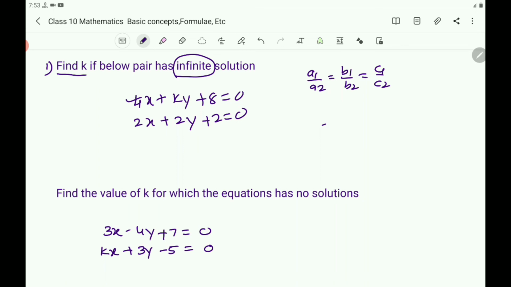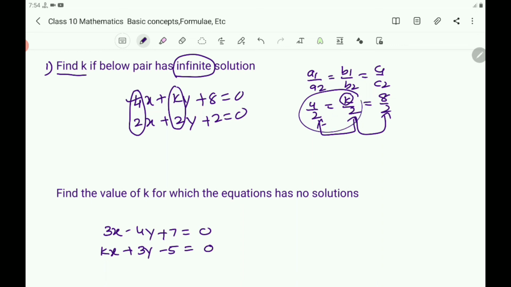Now let us have the relation 4 by 2 equals k by 2 equals 8 by 2. You know a1 by a2 equals b1 by b2 equals c1 by c2. To find the value of k, take any two, these two or these two.